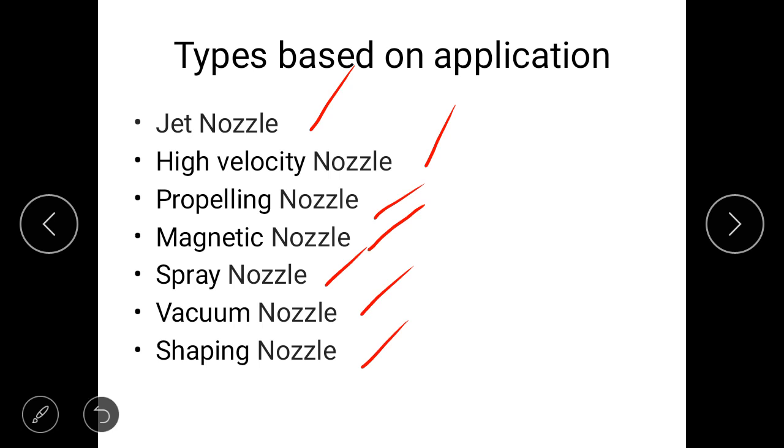The shaping nozzle is a precision nozzle that is used to take the effective shape of an object. It is used in clay and pottery industries to make accurate drilling and something like that. So these are the basic things about the types and shapes of the nozzle. The remaining portion we will see in the next slide.